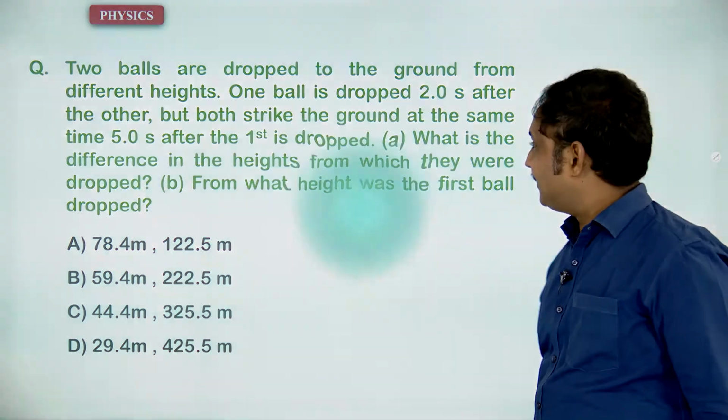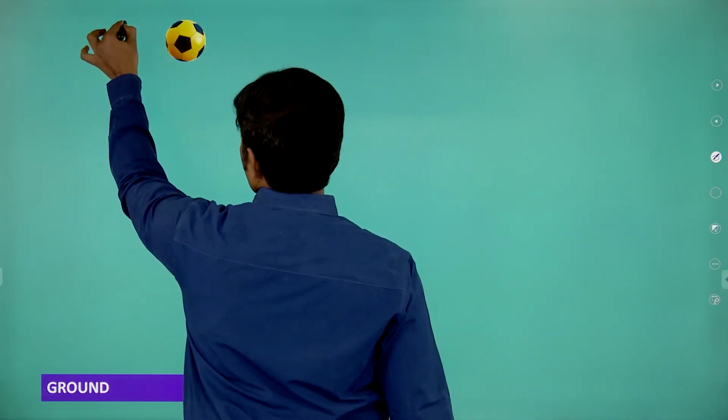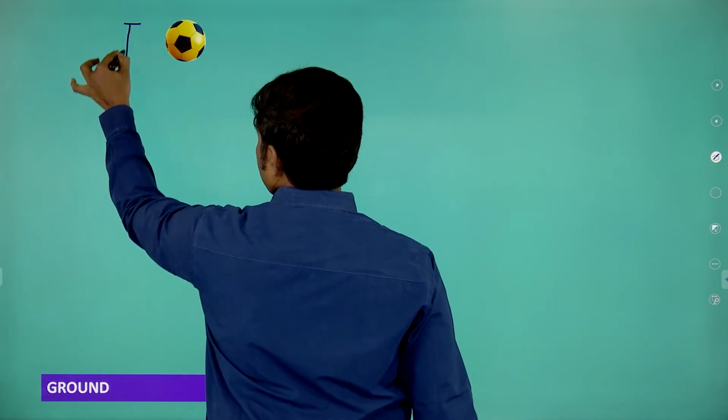Okay, let's go for another one. This is also a related problem. What can you understand from this one? Yes, it has to fall down from a height. It is going to be identified.